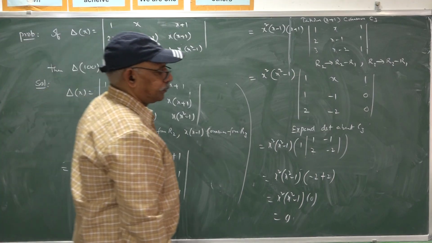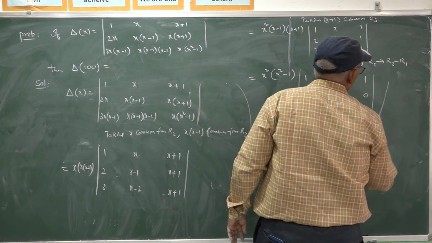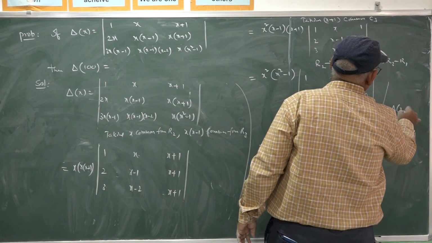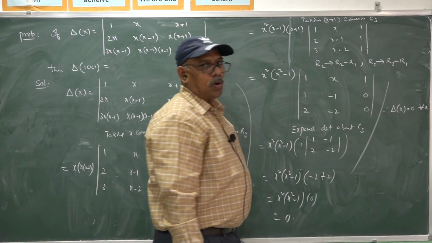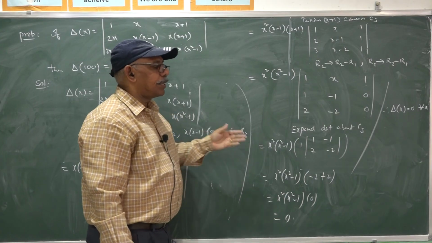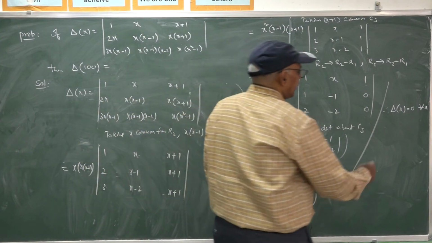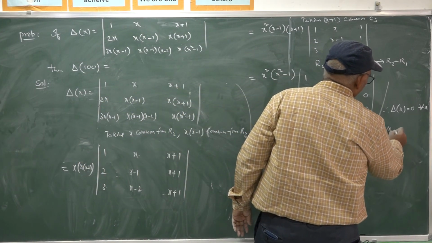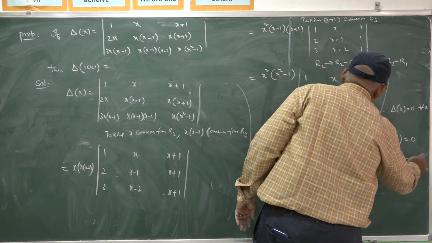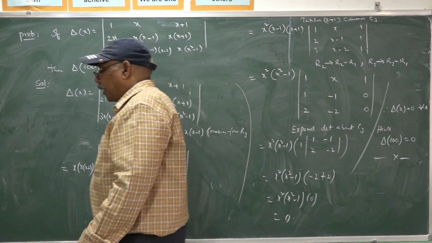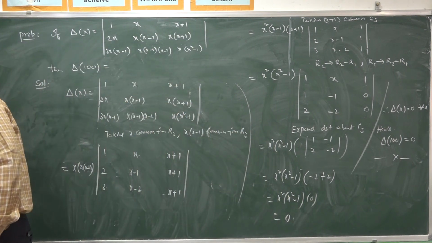Delta x is 0 for all x. For all x values, the determinant is 0. Hence, delta at 100 is also 0.